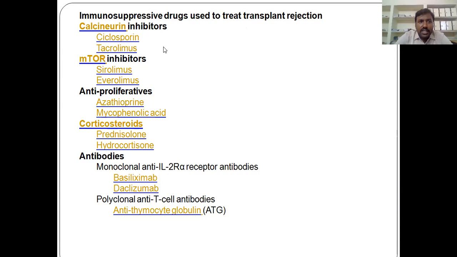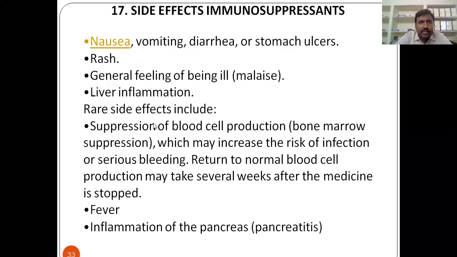To treat transplantation rejection, we already gave this classification. Now the side effects of immunosuppressants. These are the common side effects.